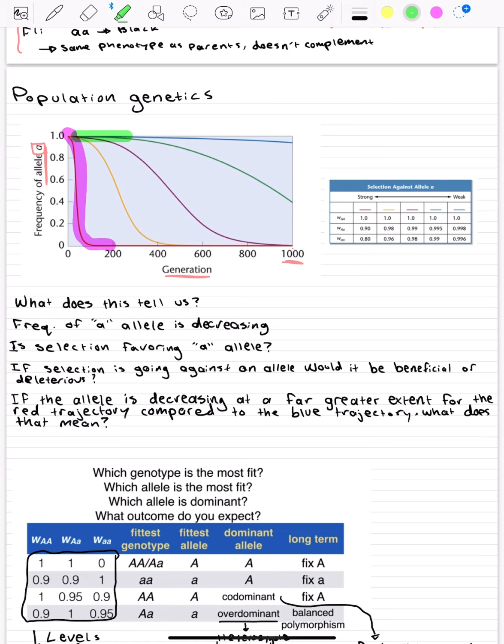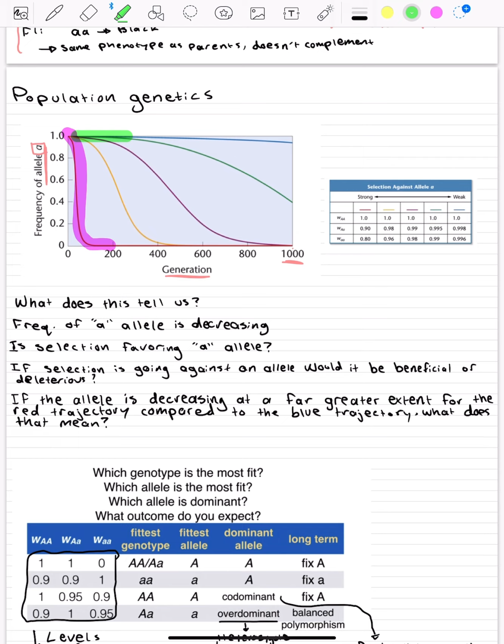So right off the bat, this is telling us that this allele is decreasing. So what does that mean? Well, for an allele to decrease, it must be deleterious or non-beneficial. Natural selection is only going to act upon the most beneficial alleles to make them the highest frequency.